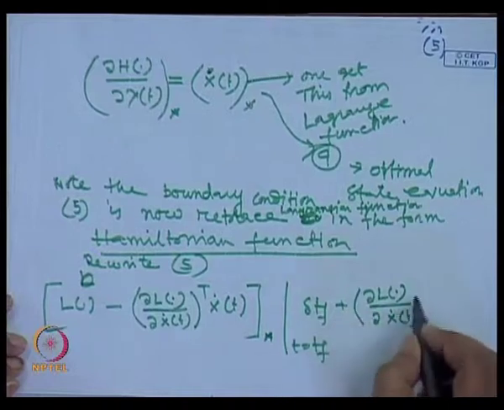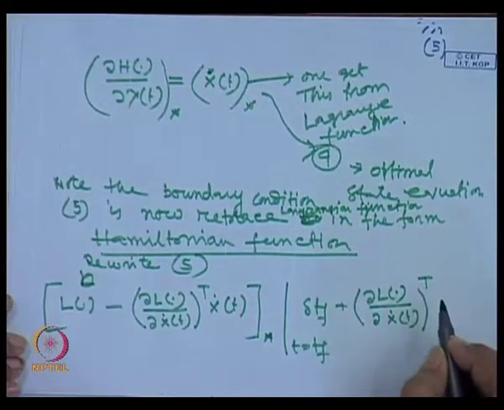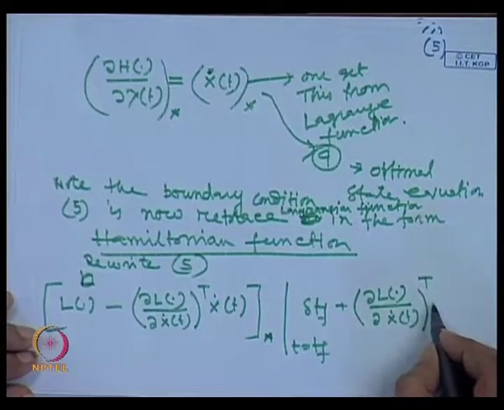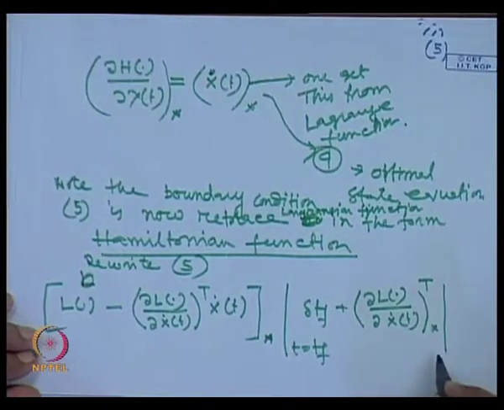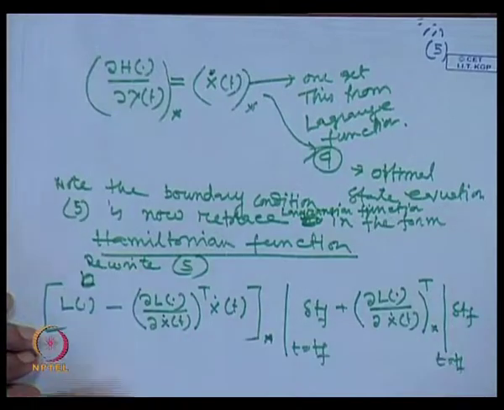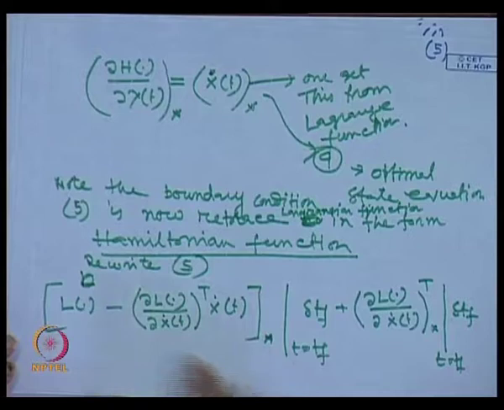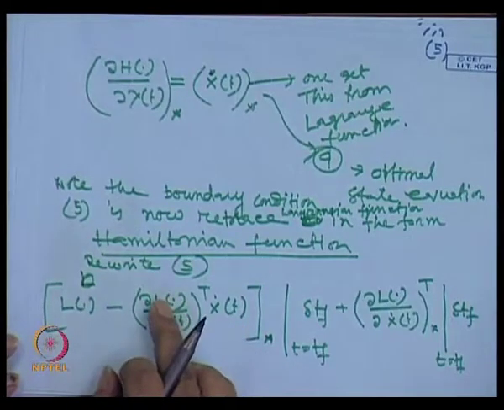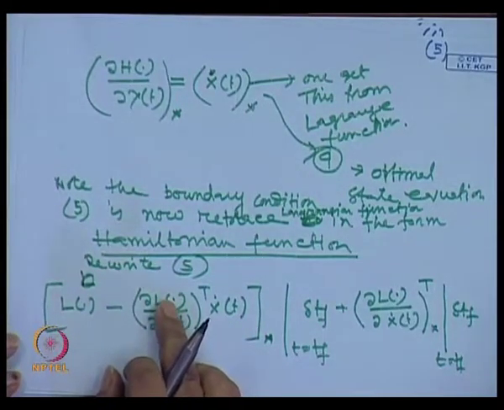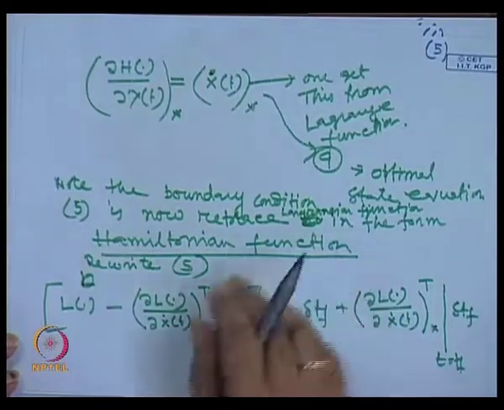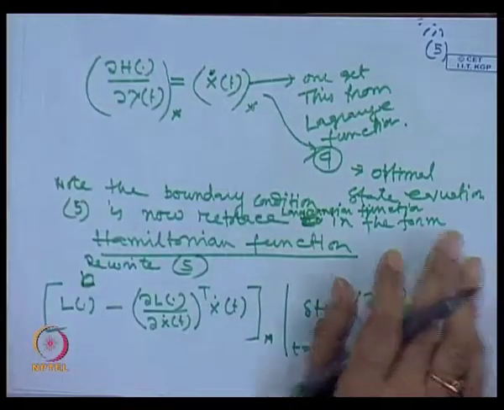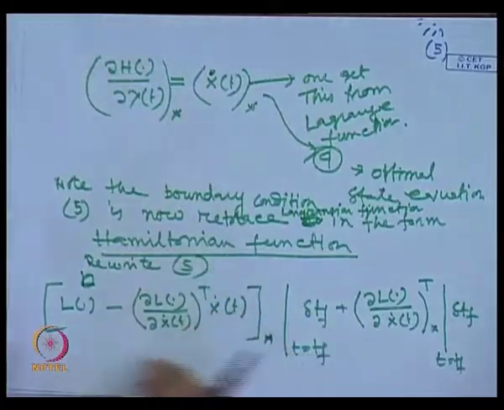Del x dot whole transpose, then star t is equal to T f delta T f. Now, see this one, our expression for that, what can we write? L is the Lagrangian function expression, H plus.